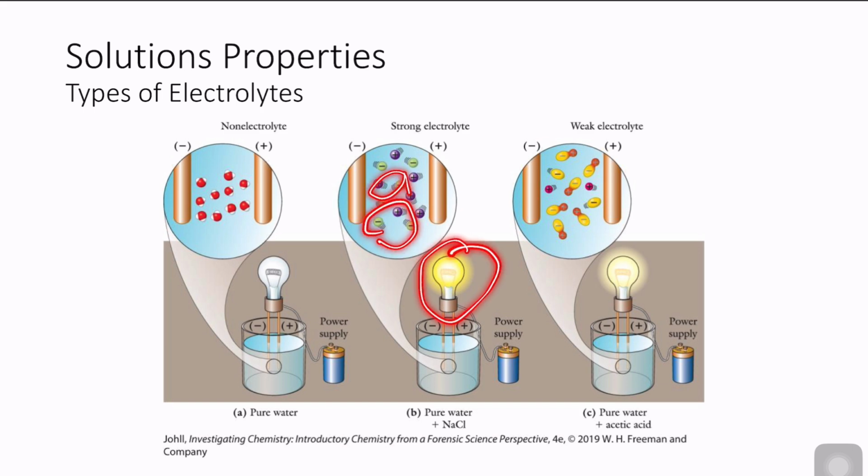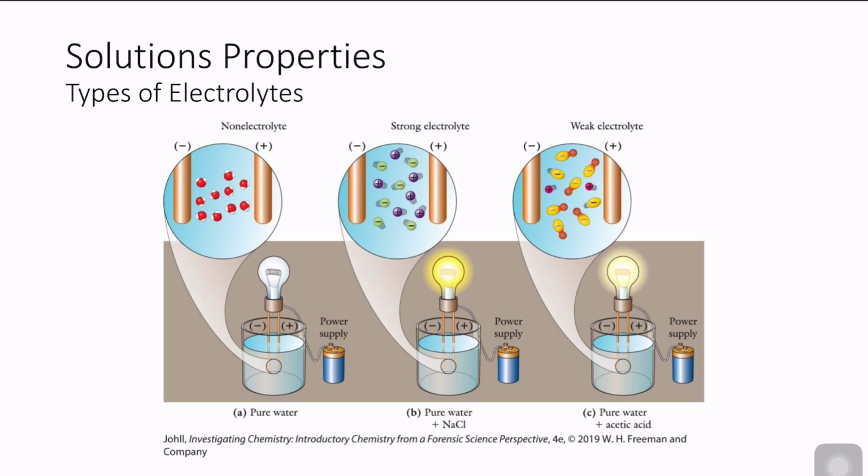And you can see these ions are going to be moving all around. When you put the electrodes into the solution, the positive ions are going to go screaming towards the negative side, and the negative ions are going to go screaming towards the positive side.